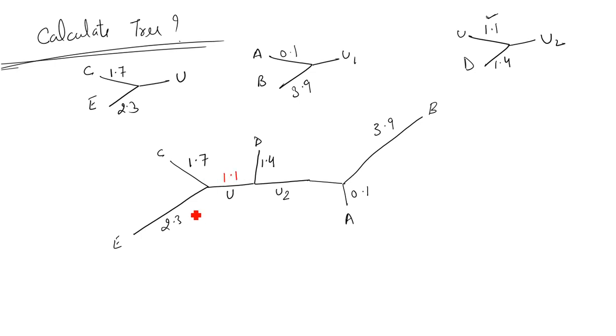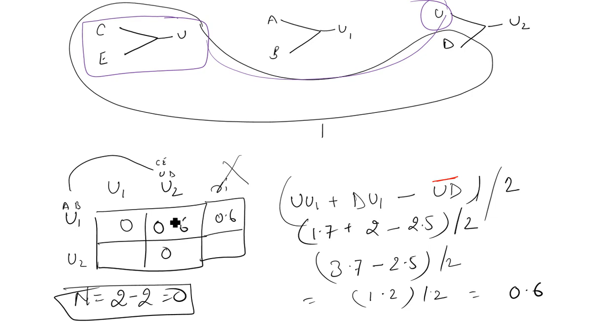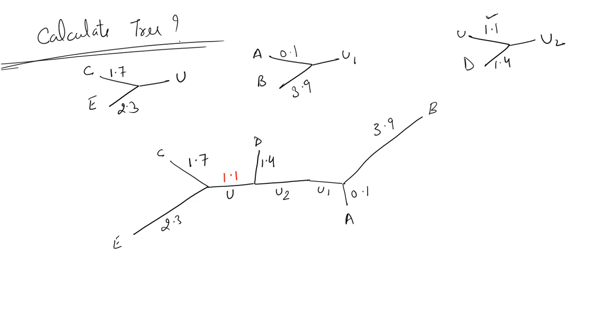If you remember in the Fitch-Margoliash method, we were calculating this value, which you have already calculated here. And U1 to U2 distance you have just calculated in your last matrix, and that is 0.6. So this is my final tree, using the neighbor joining method.